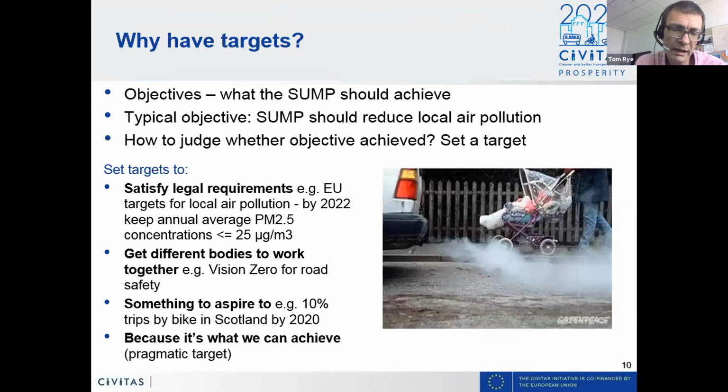So you may not have a target related to that objective, but you still keep the objective because you think it's something that's worth having, even if you can't exactly measure it.